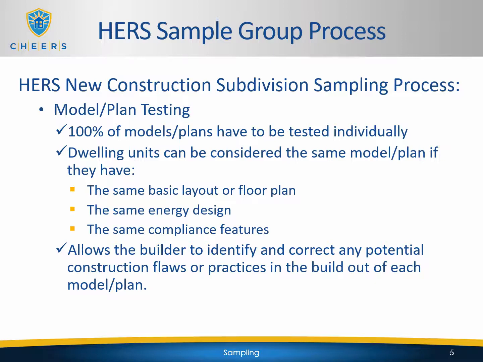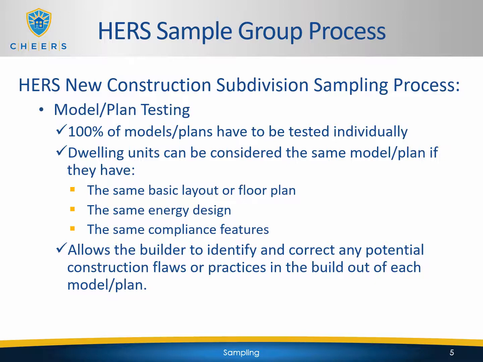Oftentimes they will have the Title 24 done, they'll do the performance modeling, they'll take certain HERS credits, they'll get out there and build it, and then for one reason or another, something doesn't quite go to plan and they have to make changes on site. When you do your testing, you're able to identify whether or not some of these HERS measures are going to work or pass.